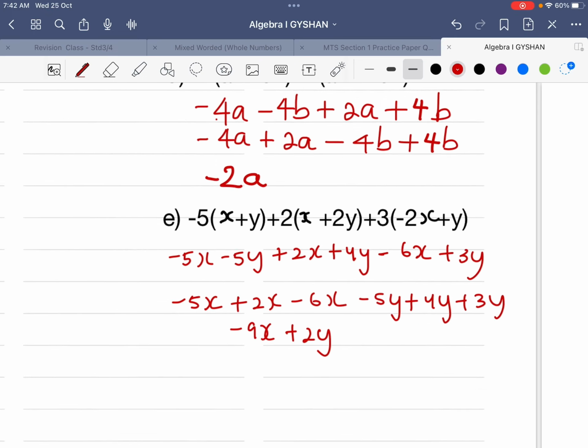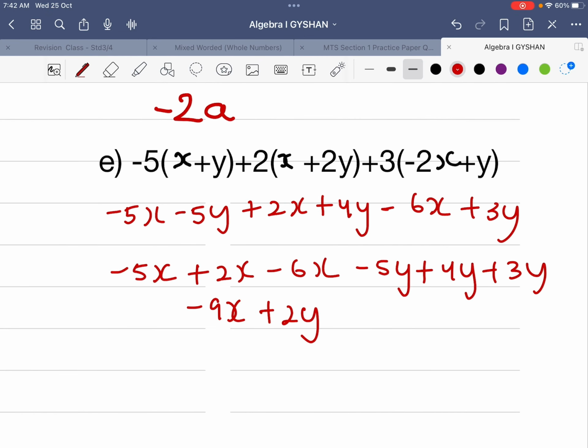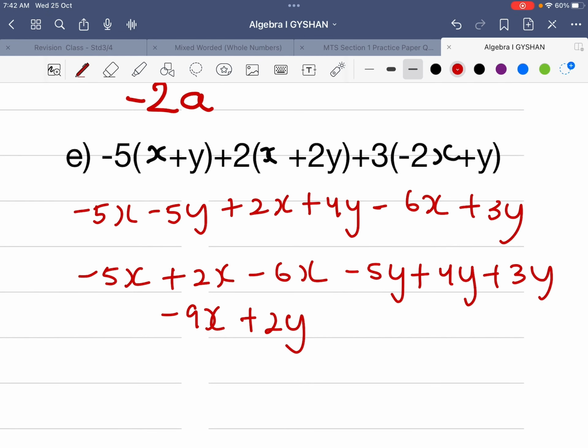And lastly, so you can try this one. And then check the answer.